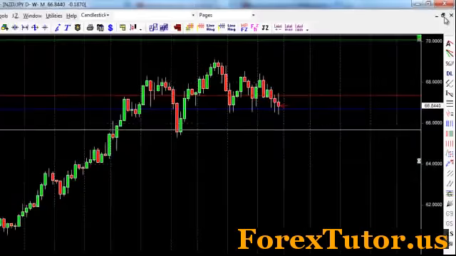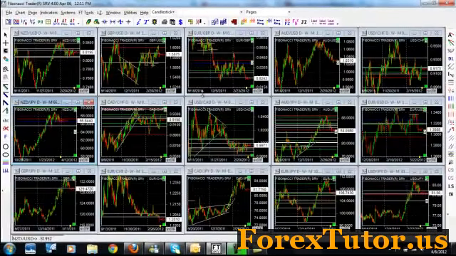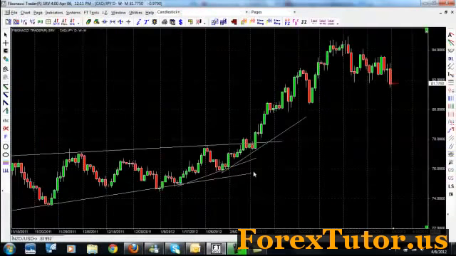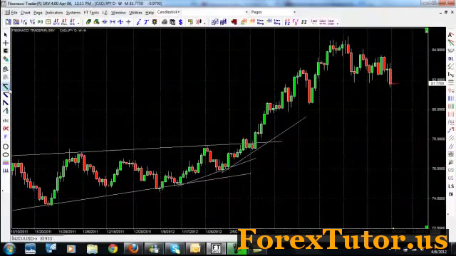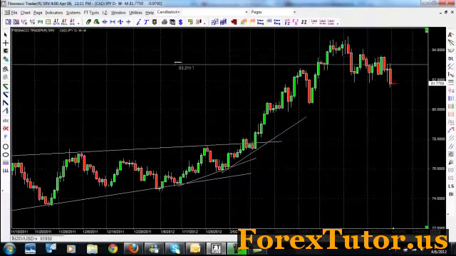So let me look at a different chart here, and I want to show you a trade that we took yesterday. Was it the CAD yen? Yes, it was. Actually, hold on a second, let me be sure that's the right trade that we took. Yep, that was it.